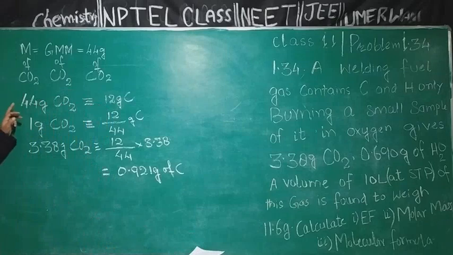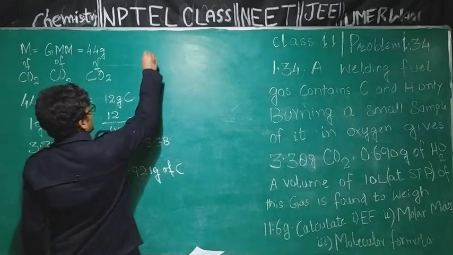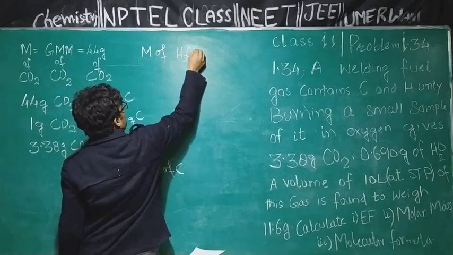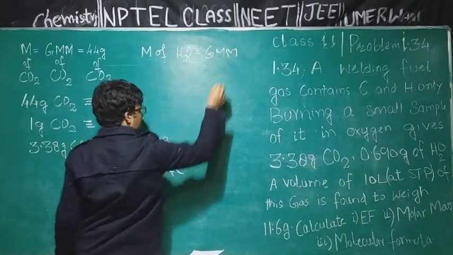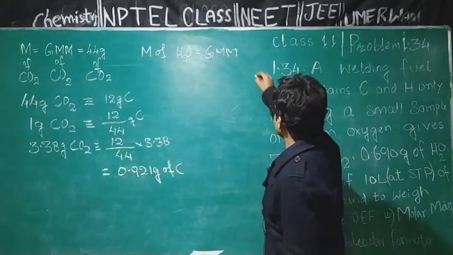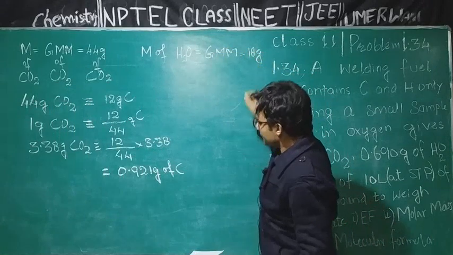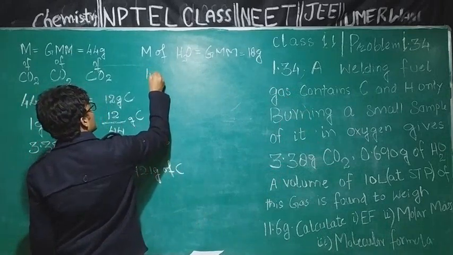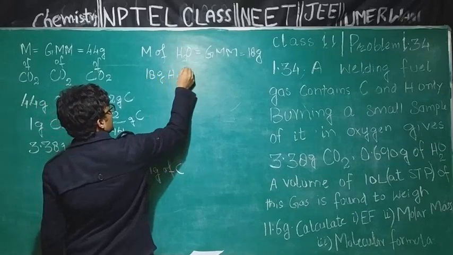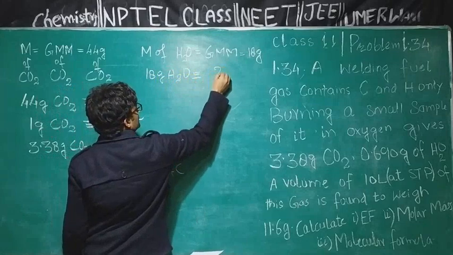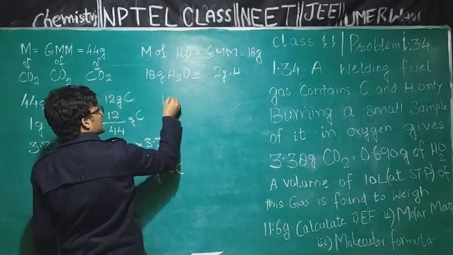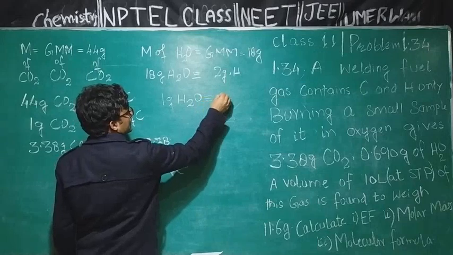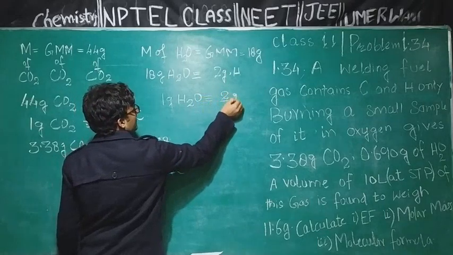Similarly, I know molar mass of water is equal to its gram molecular mass, and gram molecular mass of water is 18 grams. 18 grams of water contains 2 grams of hydrogen. 1 gram of water will contain 2 by 18 gram hydrogen.